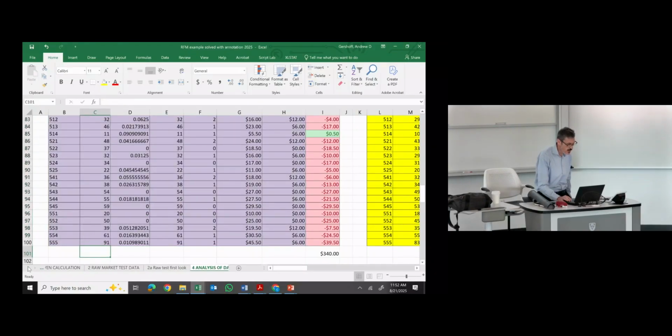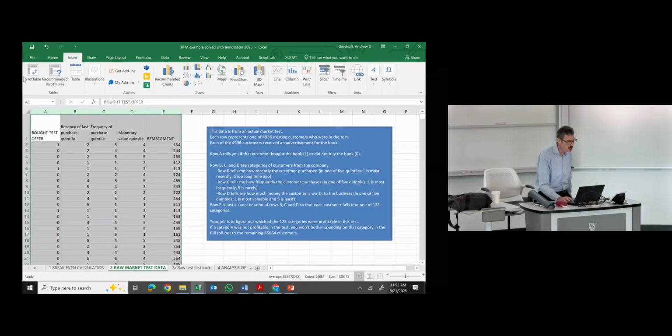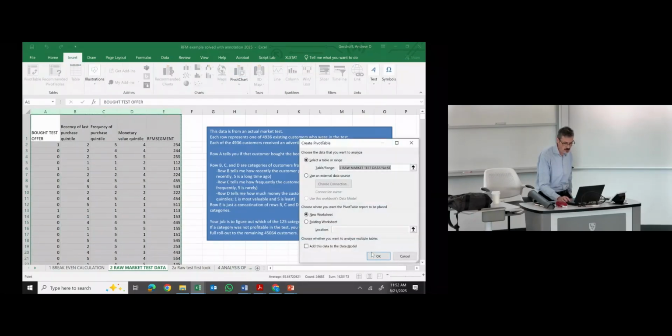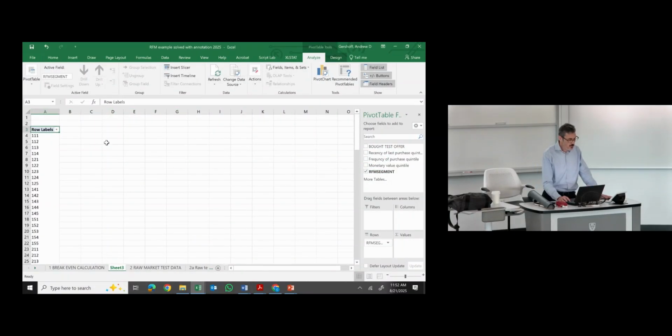Okay, go back. Here's my raw test market. I'm going to select this data, insert, pivot table, RFM segment. And then look what I'm going to do. So RFM segment in the pivot table has each one of the possible segment numbers. Here's 111, 112, 113. I just slid that into rows.